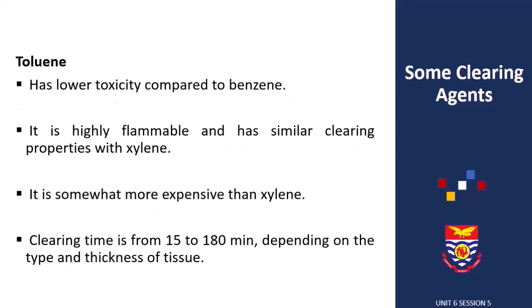The third type of clearing agent is toluene. Toluene has lower toxicity compared to benzene, which is carcinogenic. It is highly flammable and has similar clearing properties to xylene, and it is somewhat more expensive than xylene. That is a disadvantage. However, it is able to clear within 15 to 180 minutes, depending on the type and the thickness of the tissue.